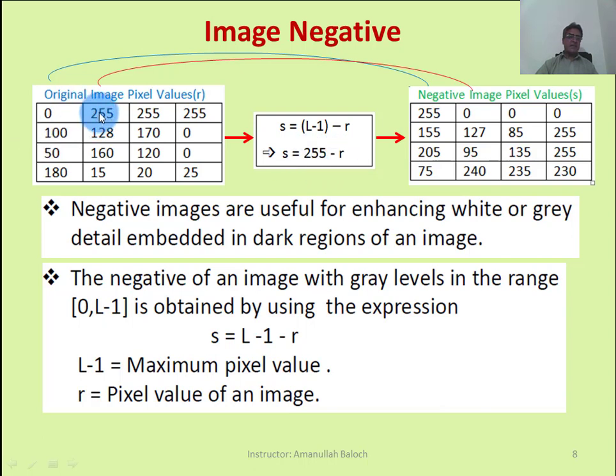The second pixel value in the original image is 255. Then we put the value of R, that is 255, our second pixel value, here. 255 minus 255 becomes 0. S will be 0. So the second value of this negative image is 0. The third value is 255 and we put 255 here. 255 minus 255 becomes 0.